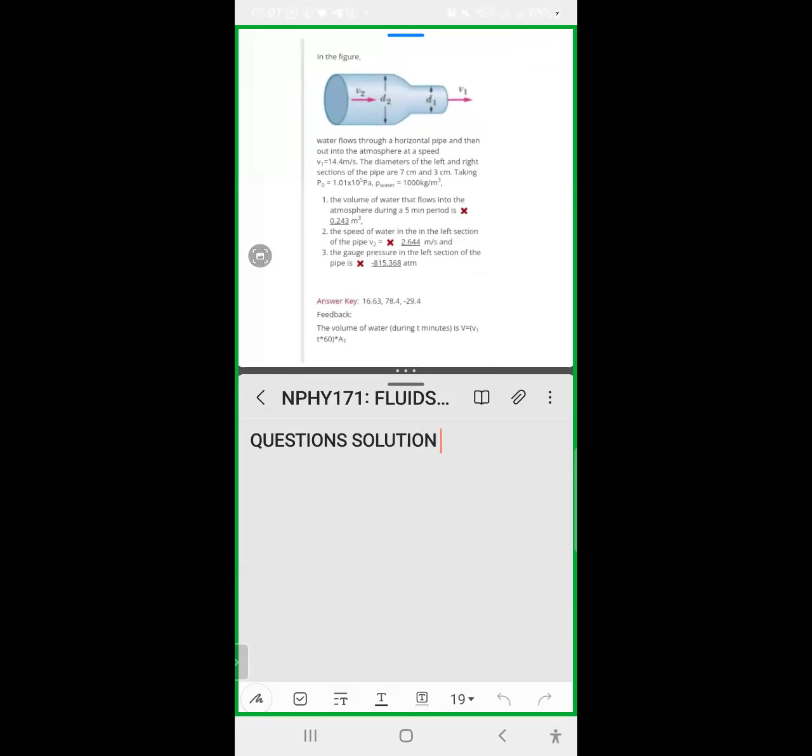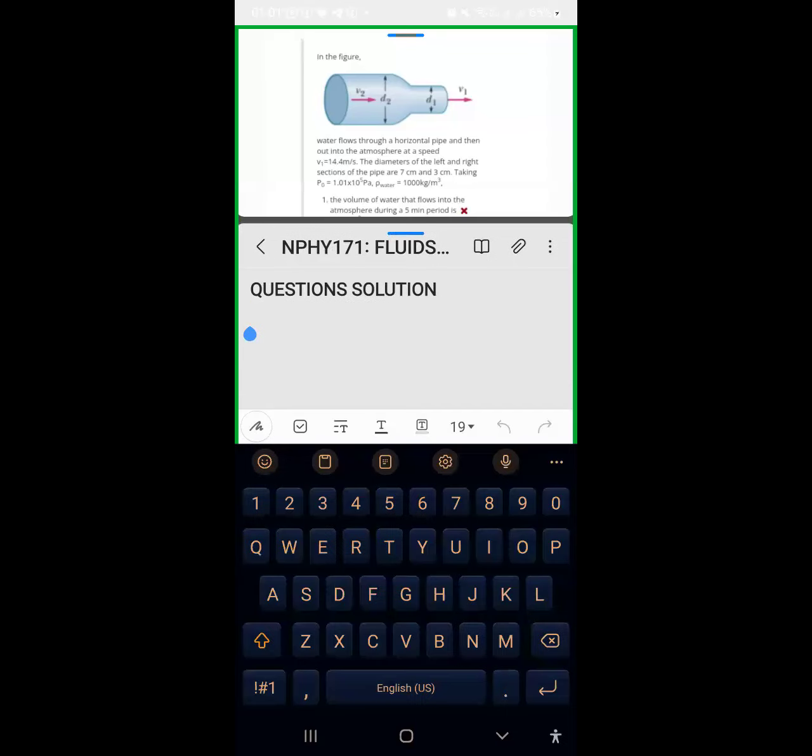First things first, when solving questions in fluid mechanics, you have to state your assumptions. In the question, it is stated that the water flows through a horizontal pipe. When water flows through a horizontal pipe, there is no change in height. As a result, the elevation is negligible.